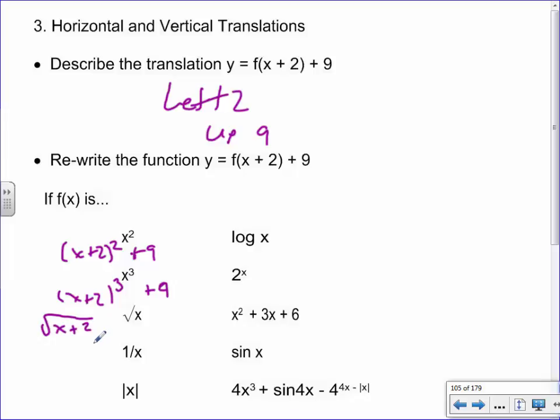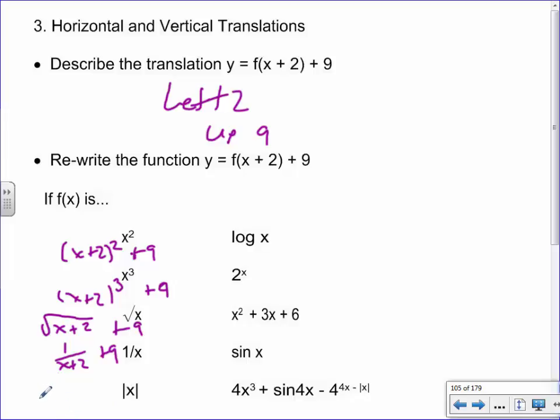And then after we're done, meaning outside of the square root sign, add 9. Next, 1 over x. It was supposed to be 1 over x. X now becomes x plus 2. Stop your fraction. We're done with that bit of it. Add 9. You guys can get how this looks?